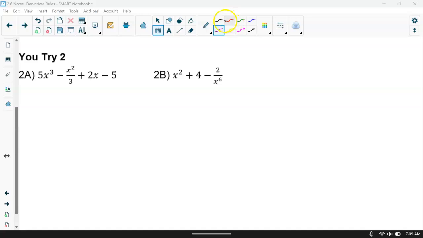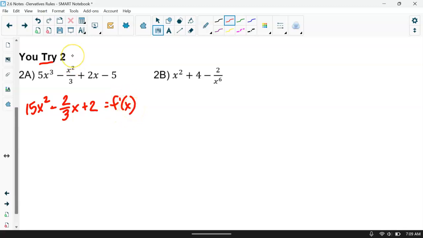And here we go. So here, the derivative of your first term is 15x squared. Then minus the derivative here of the next term is 2/3 x. Then plus 2. Now, because again, the derivative of a constant is 0.